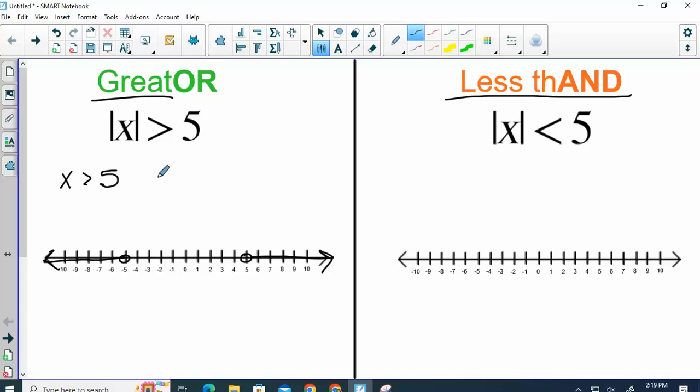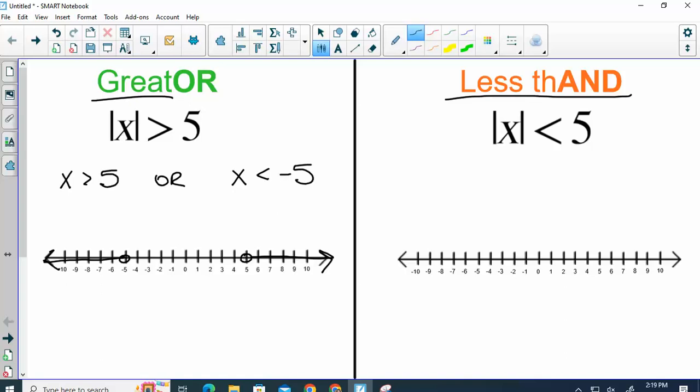So we just drop that absolute value. Or the other one, you have to flip your inequality and make it a negative. It's just like when you multiply by a negative, it flips the inequality. And that's what we graphed. Greater than 5 or less than negative 5. Those are the two separate pieces.